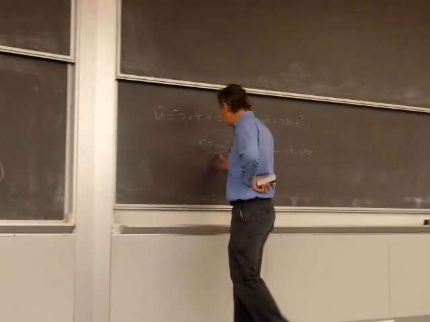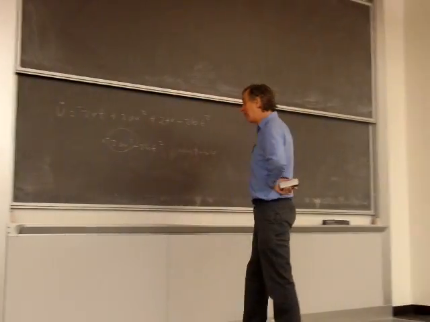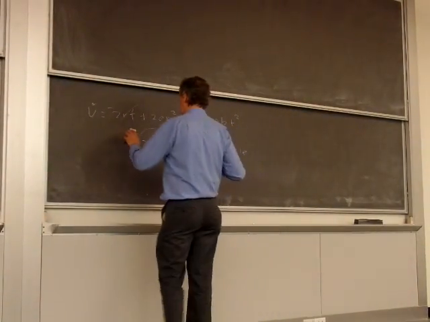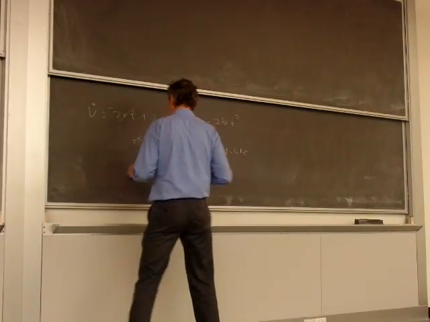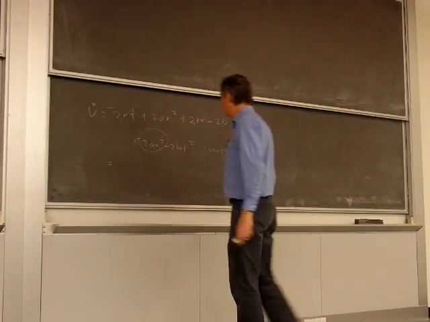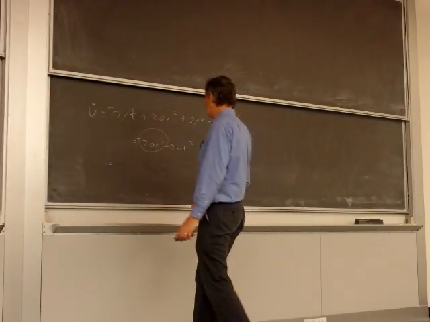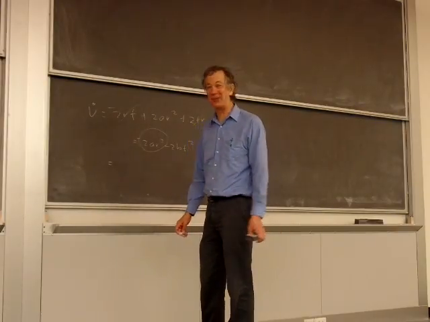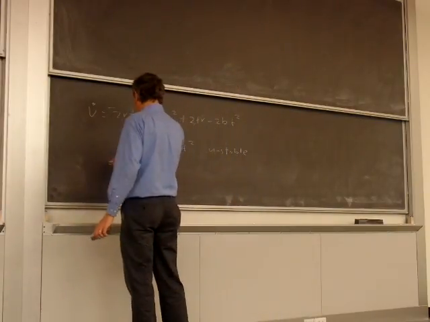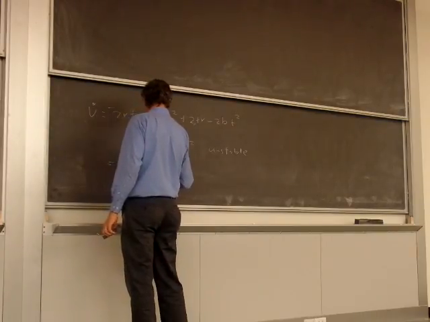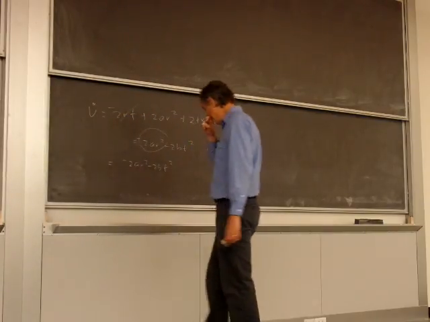Since this is the case, going backwards on this, let's see if we can go backwards on this. Minus 2A R squared plus B F squared.